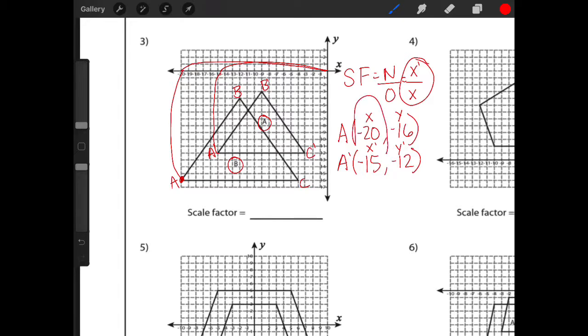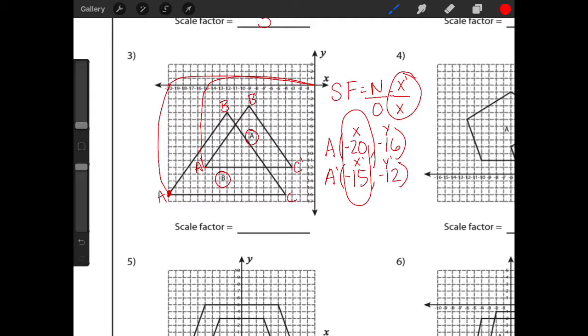So I can compare these 2 X values to find my scale factor. I'm always going to start with my new image, which is -15, over my original image, which is -20. So x compared to x, the negatives cancel out and I'm left with top and bottom can be divided by 5, so that equals 3/4. Let's also check our y values as well.